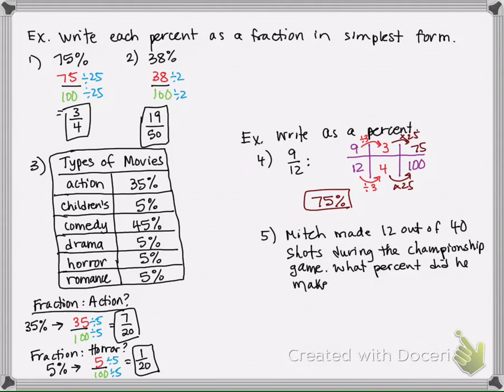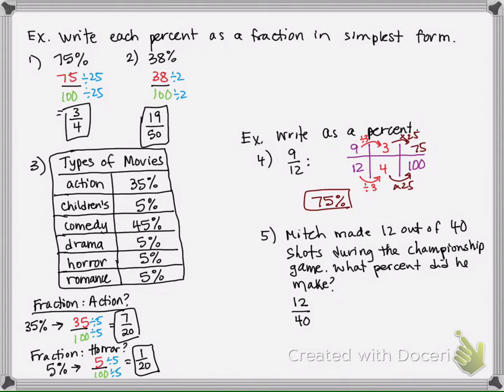So he had 12, and he made 12, and he shot 40. So we want to know what percent did he make. So we're going to change this guy into a percent. So in other words, we have to get the denominator equal to 100.